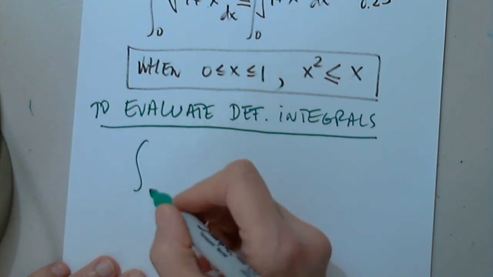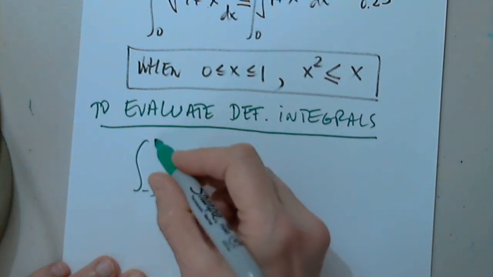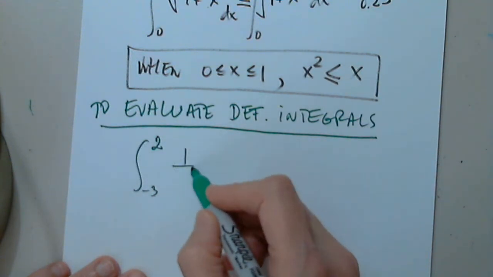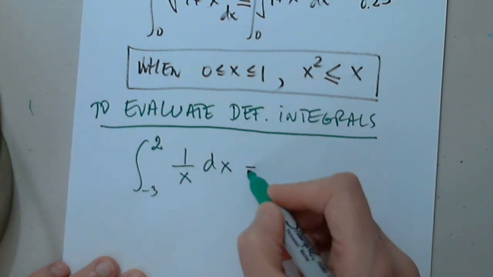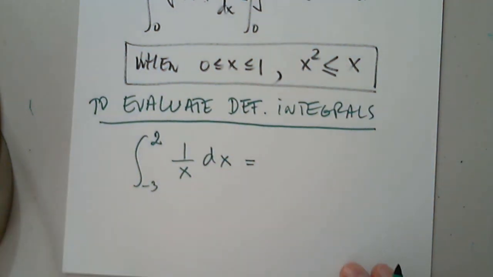So let's say the integral from -3 to 2 of 1 over x dx. What do I have to look at first? Would it be the integral from 0 to 2 plus the integral from -3 to 0?